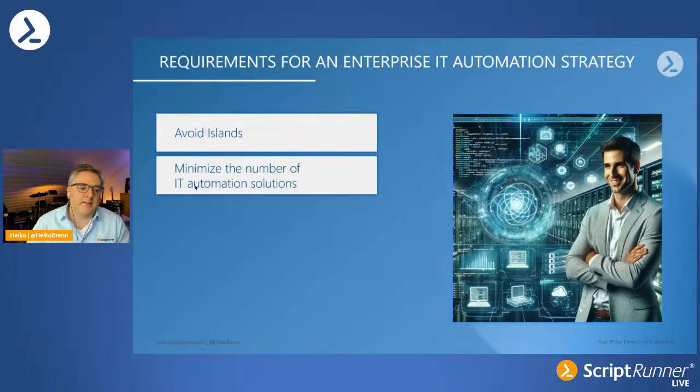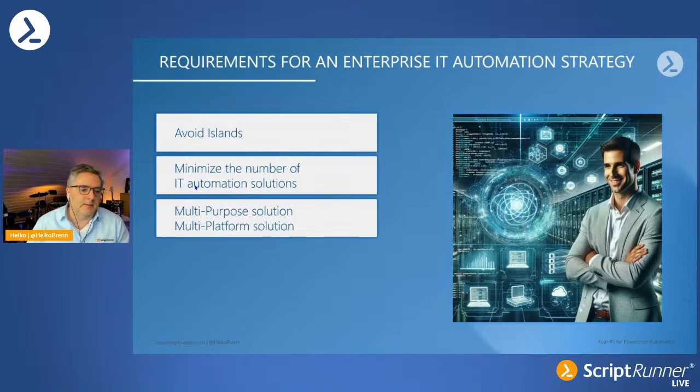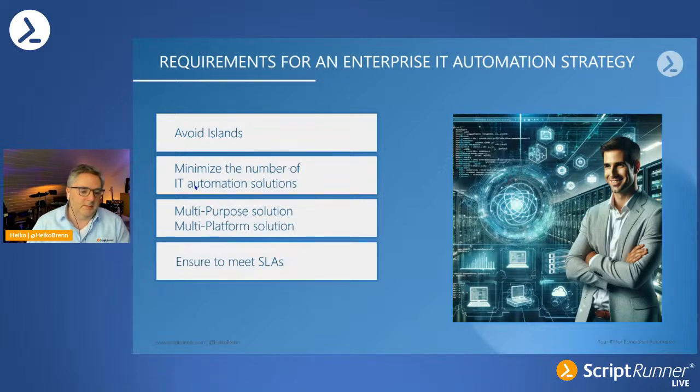Minimizing the number of IT automation solutions, because as we just learned, each additional automation solution needs more time to implement, to operate, to get the reporting done, things like that. So ideally, you end up with a solution that is multi-purpose, multi-platform. And also, of course, to make sure you always meet your service level agreements.